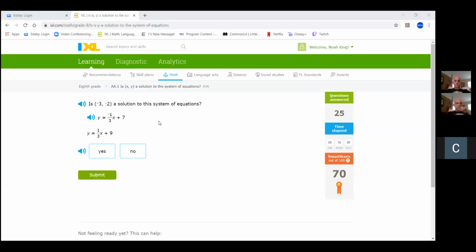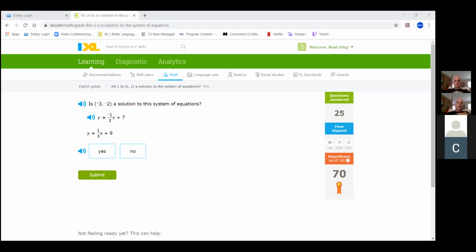All right, so let's take a look. Notice how in that problem, in both equations you have a third, right? One's a negative 1/3, but the other's a positive 1/3. And what they are going to give you for the most part on these is, when they give you a fraction, they're going to give you a number for x that's going to erase that fraction.